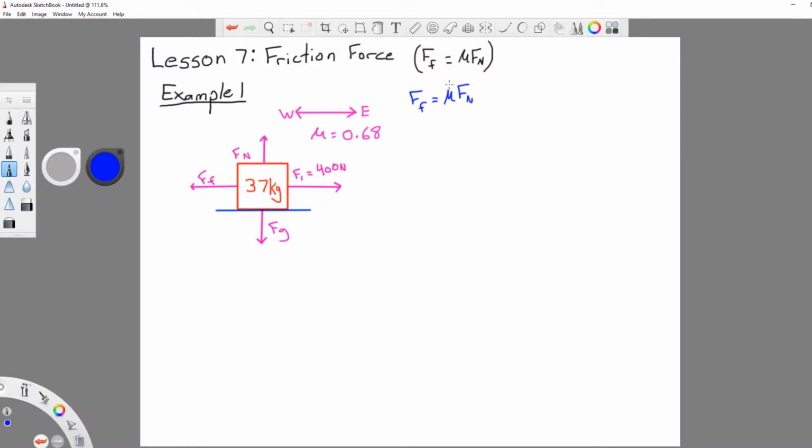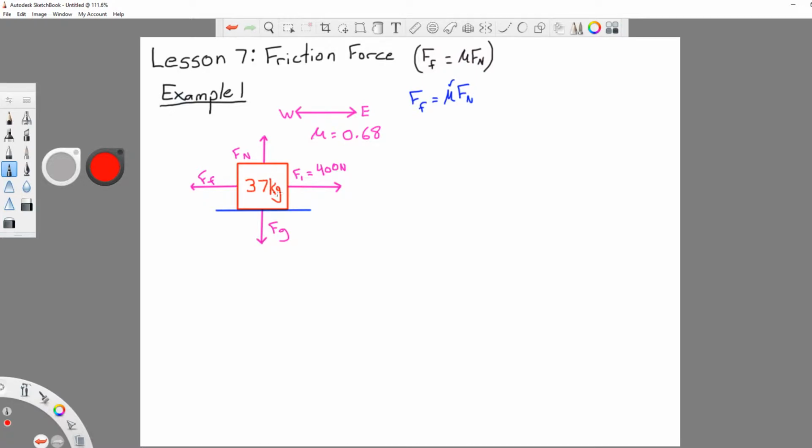Well, we're given this, that's awesome, but the normal force we are not given. It's in the y value, so we're going to have to solve for that. How are we going to solve for that? Well, we have to solve the y direction and then we can come back to the x direction. So let's choose a new color, maybe red.